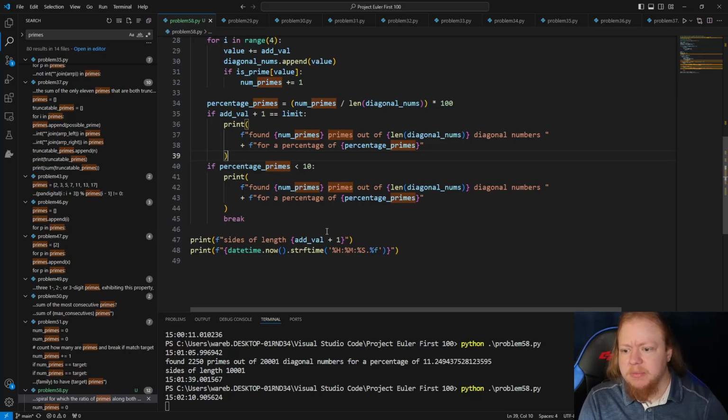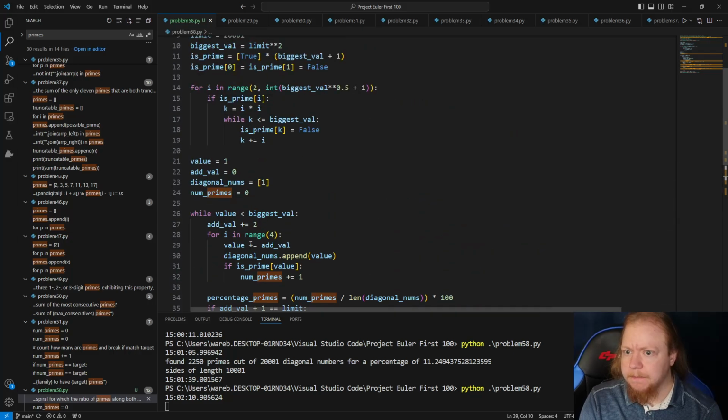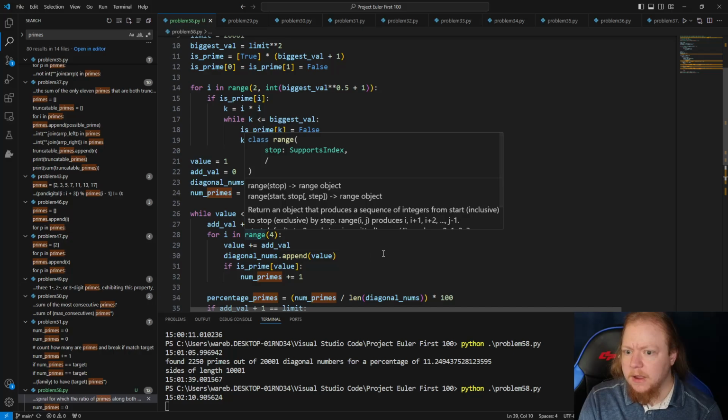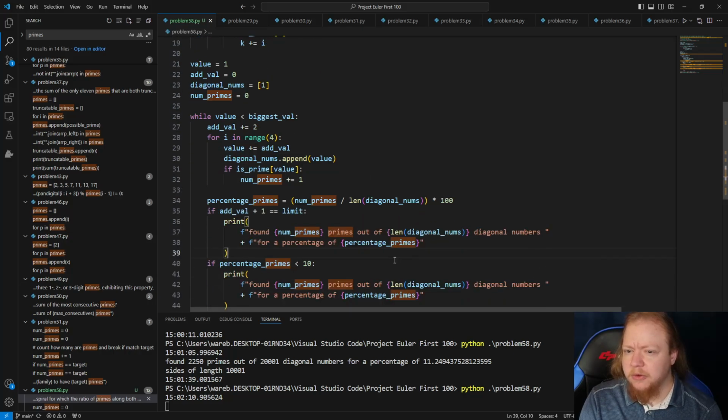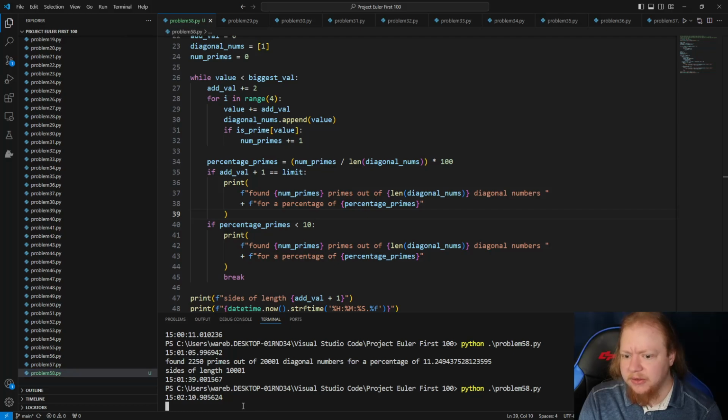Okay, this is maybe taking longer than our allotted minute time limit. And I'm not entirely certain where the slowdown is yet. I do want to go ahead and let this play out.